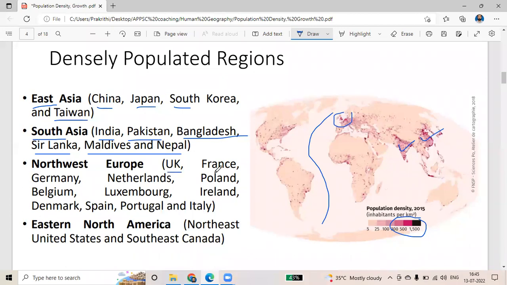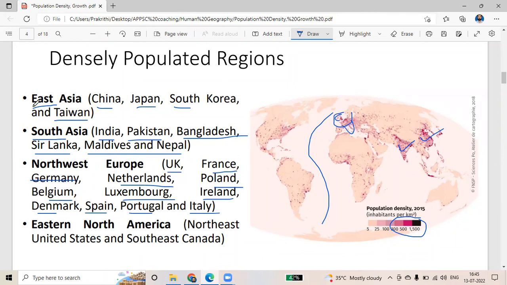It consists of United Kingdom, France, Germany, Netherlands, Poland, Belgium, Luxembourg, Ireland. Then Denmark, Spain, Portugal and Italy. So these are the areas in Europe, European countries.